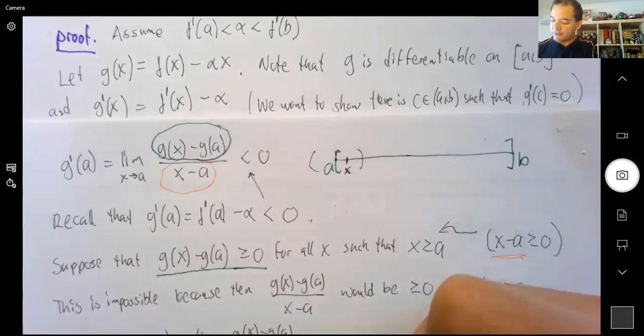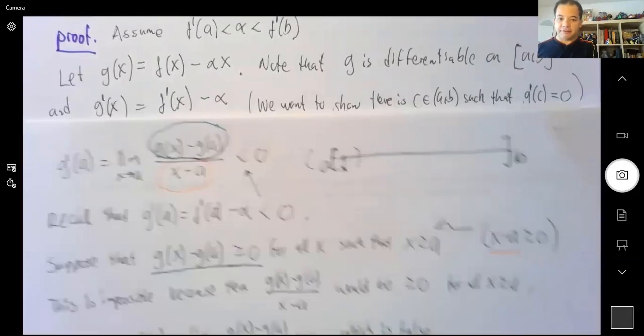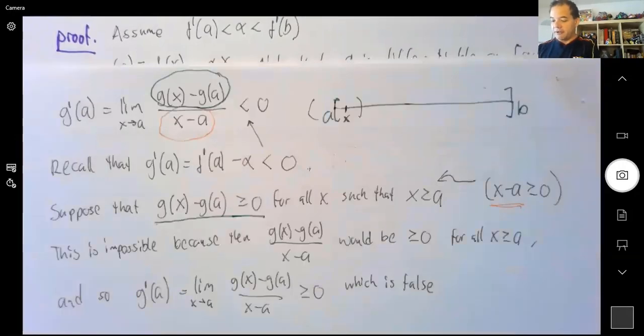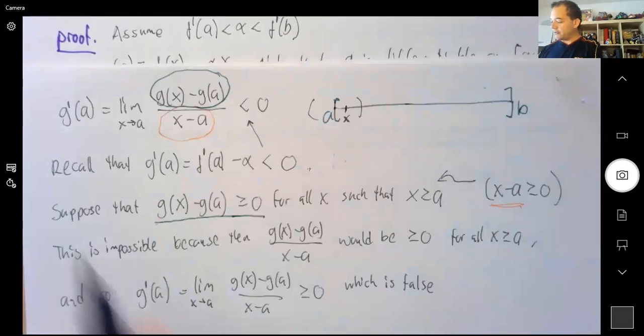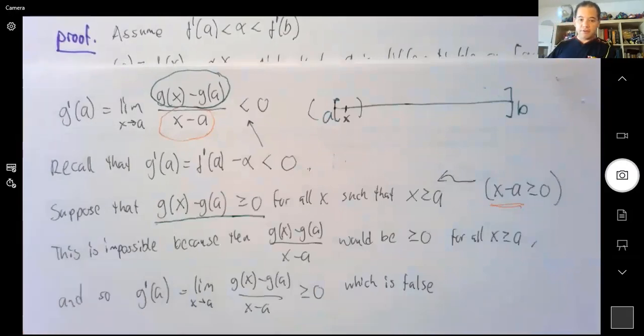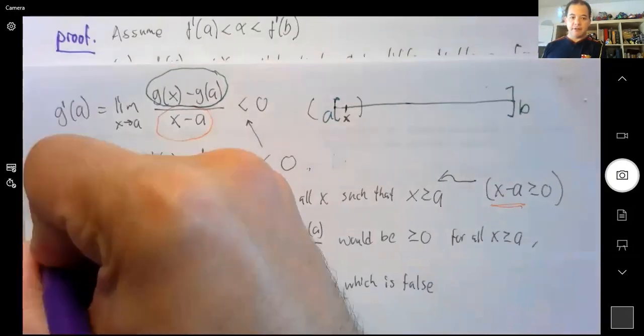Which is false, right? Because we said that the derivative is actually negative, right? So this supposition then is wrong. This supposition is not right. This one over here, yeah?